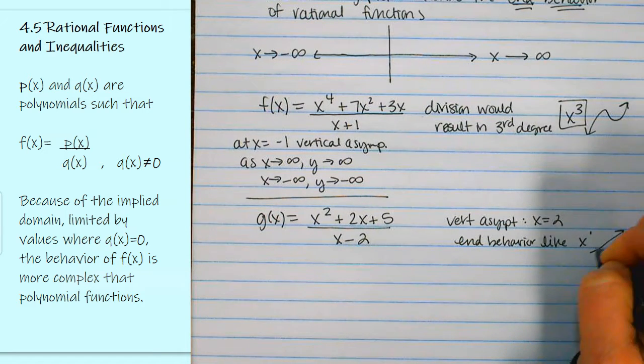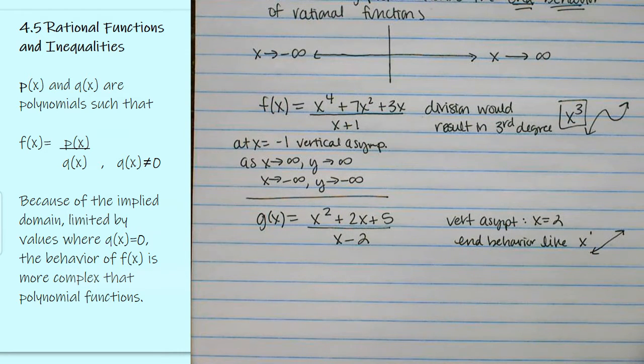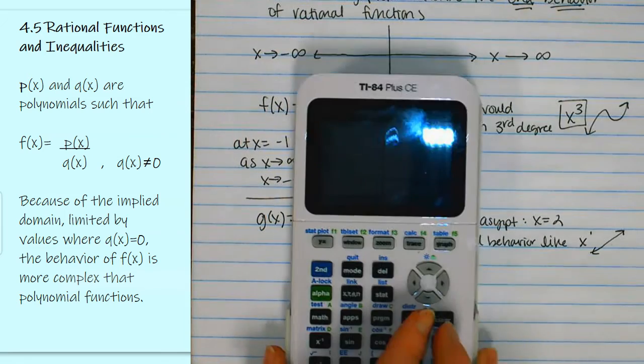It should be some sort of line, our end behavior. So very similar to the one above. In other words, as x goes to infinity, y is going to infinity, and negative infinity, negative infinity. Let's see if we can see that line when we graph this one.